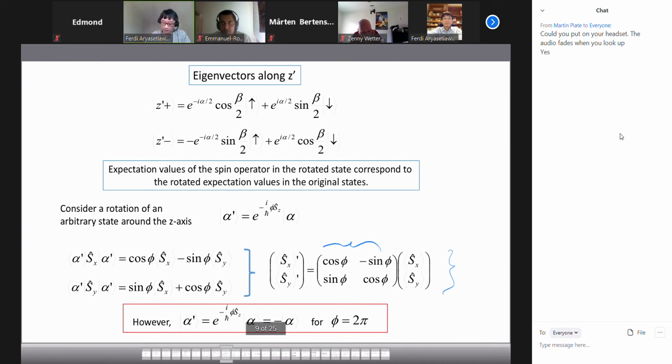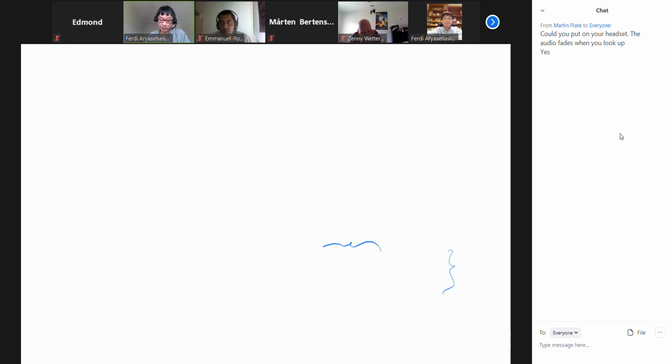Yes. So we can see this more explicitly by looking at an arbitrary state. I can look at the state alpha, so I call it C plus up and then C minus down. So this is an arbitrary state in the spin space. So now we make a rotation around the z-axis.